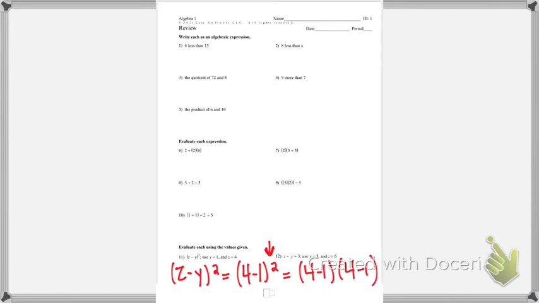Yes. Okay. So I'm writing it 2 times. I'm simplifying. 4 minus 1 is 3. All right, and then we have 3 times 3, which is 9. So the answer to number 11 is 9.